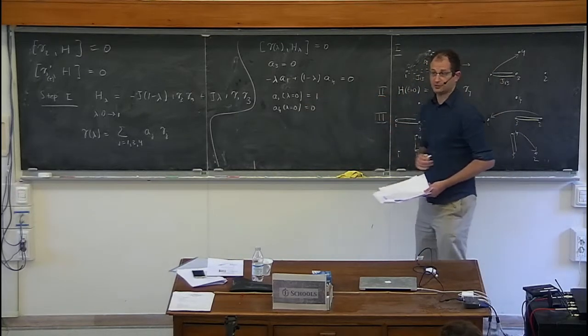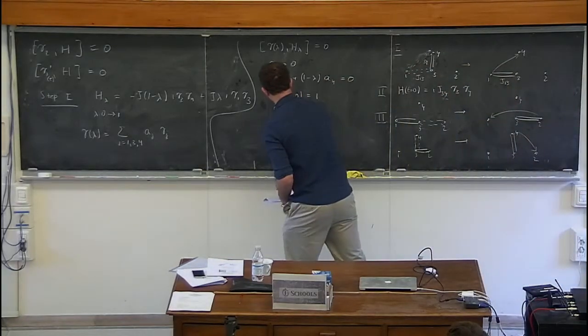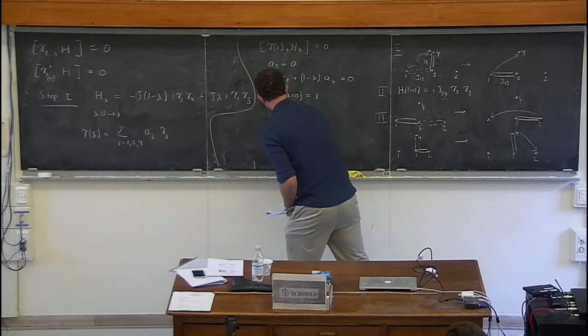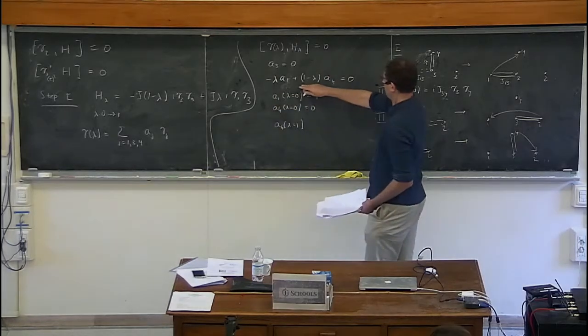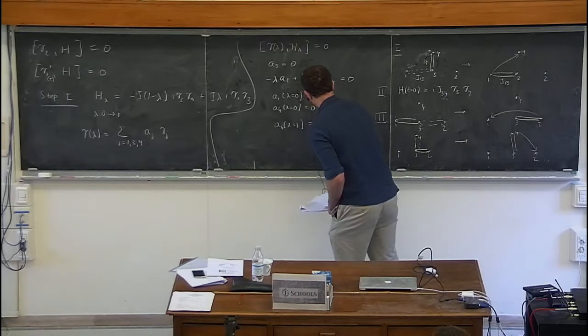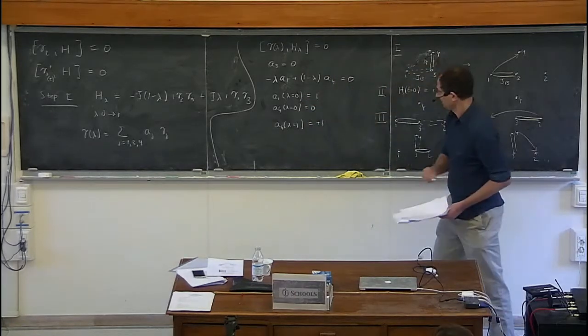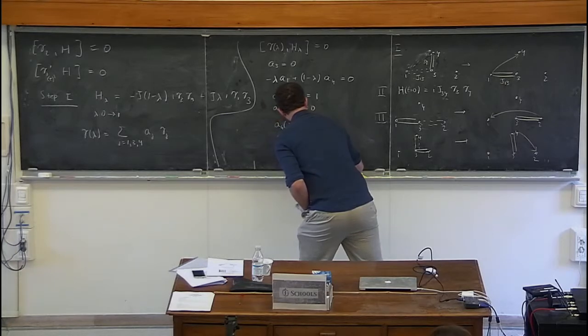Okay, you can choose here a minus. That doesn't matter. But once you've chosen that, by continuity you must have that a4 of lambda equals 1. Okay, so you require that this solution is actually continuous, and that gives you that that's equal to +1 rather than -1. Okay, and a1 of lambda equals 1 equals 0.